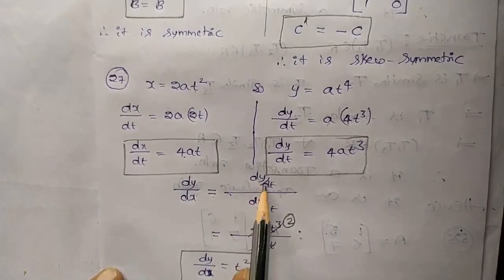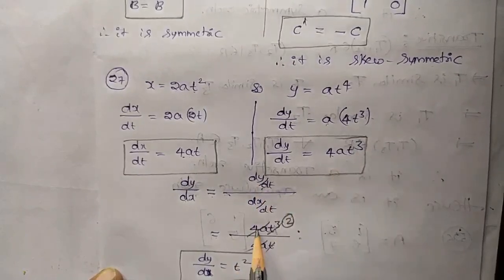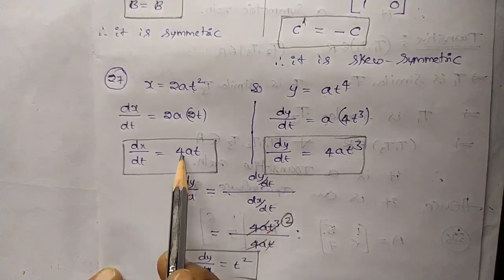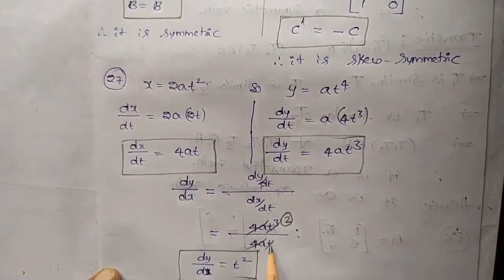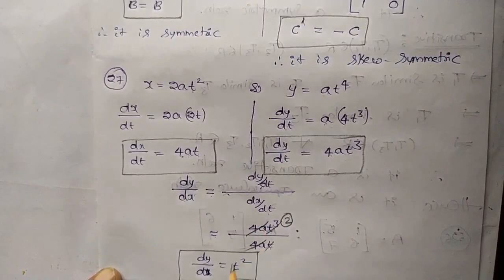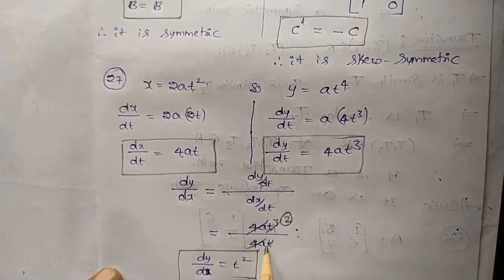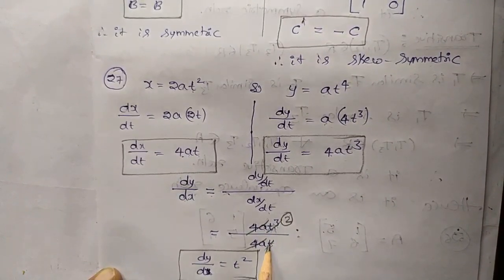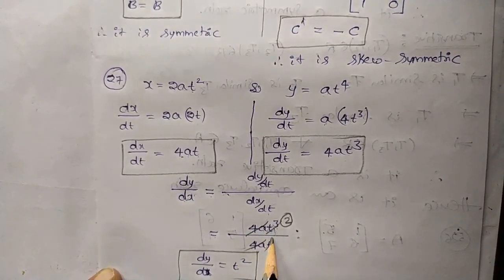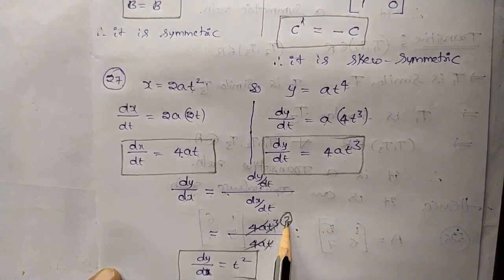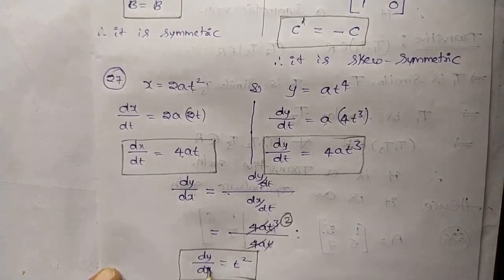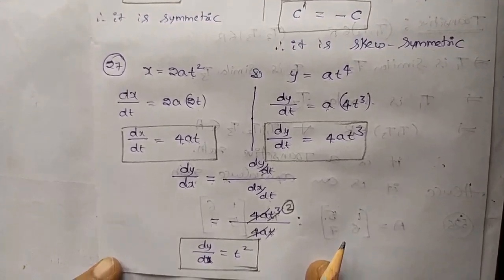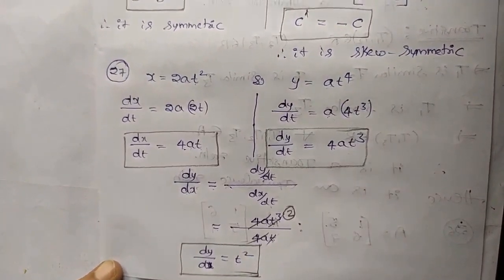That equals 4at cube divided by 4at. 4a will get cancelled. In the numerator it is t cube, in the denominator it is t. If it gets cancelled, then t square will be remaining. So dy by dx equals t square. Now I think you understood.